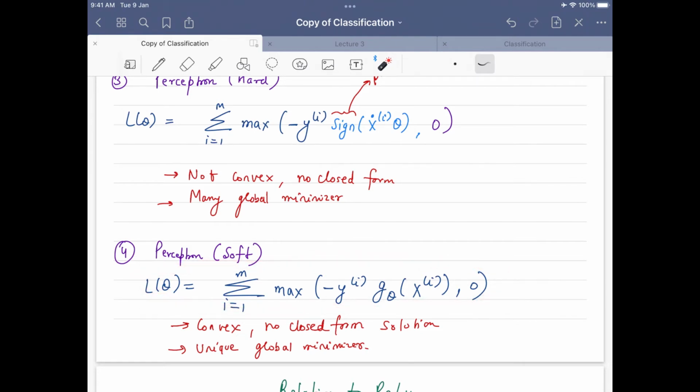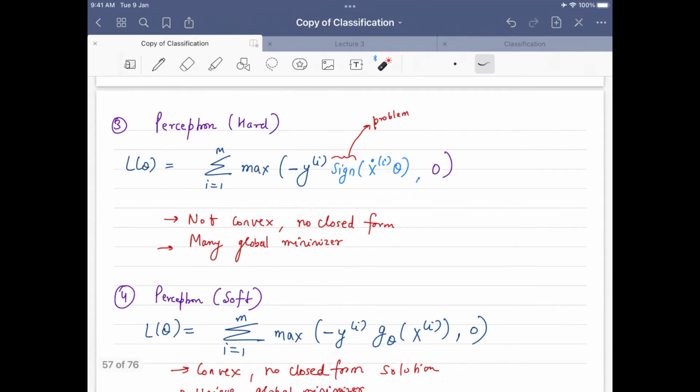If you want to go for a hard version of it, then what you do is apply a signum onto the hypothesis function. The signum function, you know, is already -1 to 1. If you remember, last time we also approximated the classification decision boundary by using a signum function which is -1 to 1, and then we went for the relaxation of this by using a tan hyperbolic function, which is the softer version of the signum.